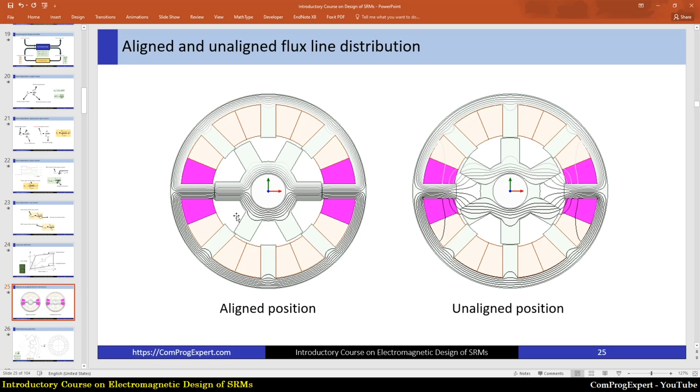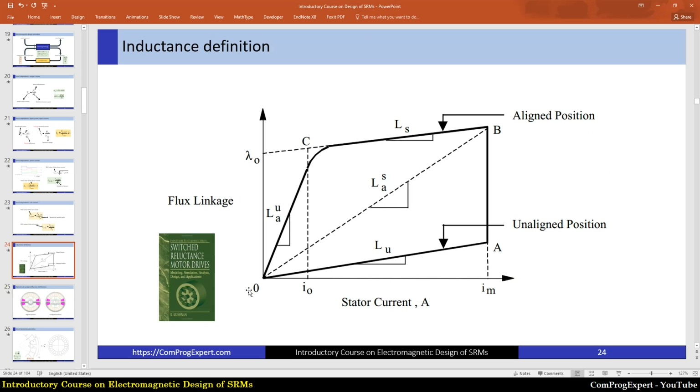Yes, for the aligned position, the air gap is small and the air gap reluctance is low. And when we excite the phase A, we have immediate increase in the value of flux linkage. Then we have the saturation, and this is the saturation region.